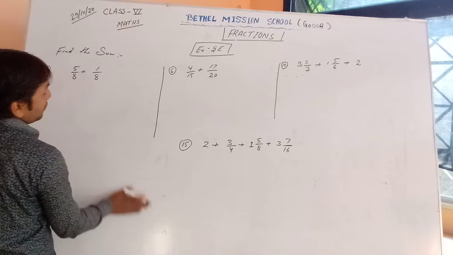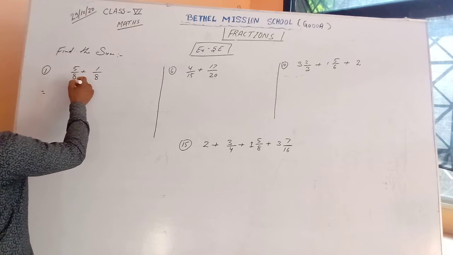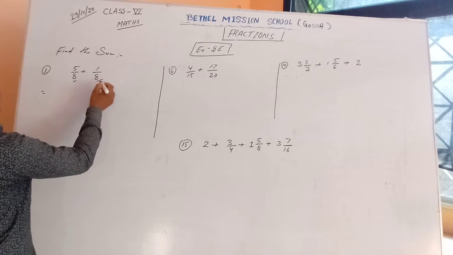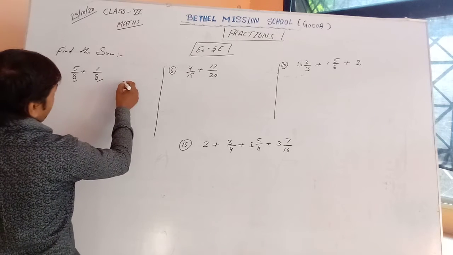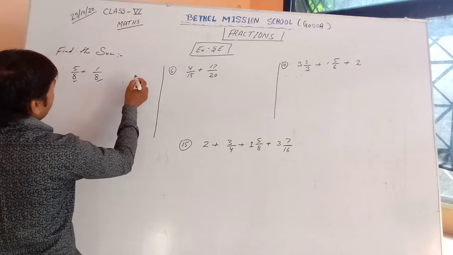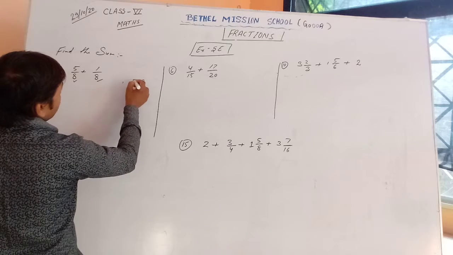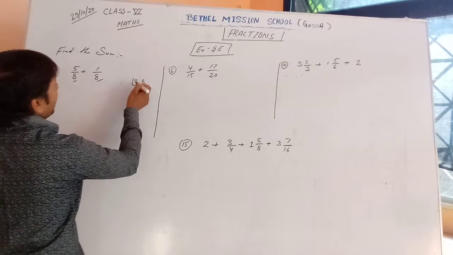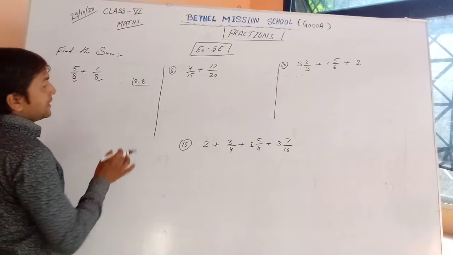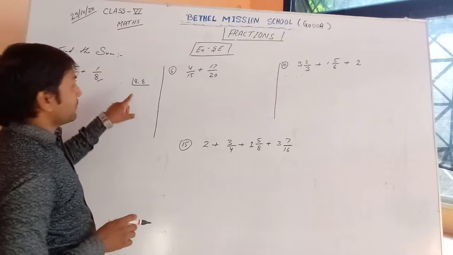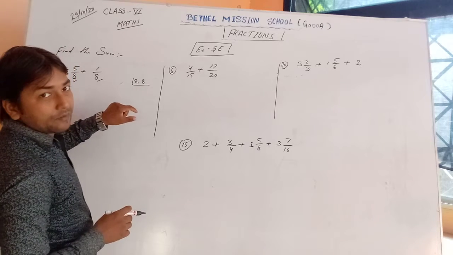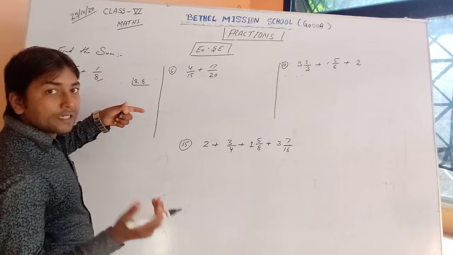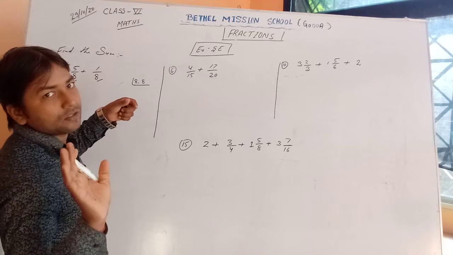First you have to find the LCM of the denominators. In rough you will find the LCM of the denominators. What would be the LCM? 8 and 8. If the same numbers are given, then the LCM would be 8.